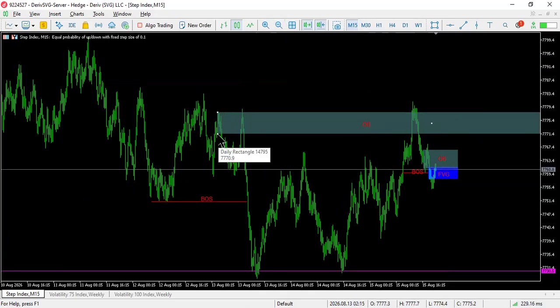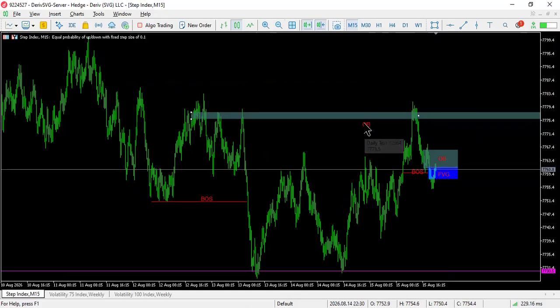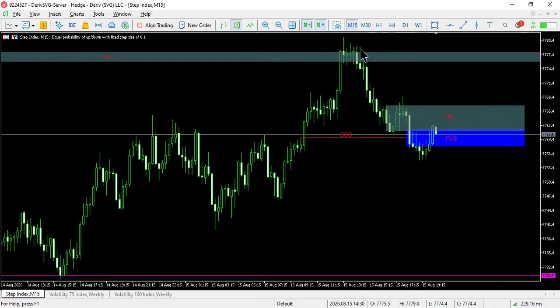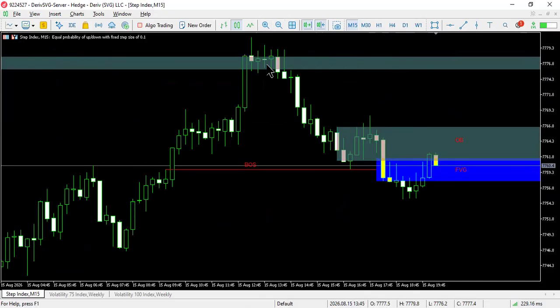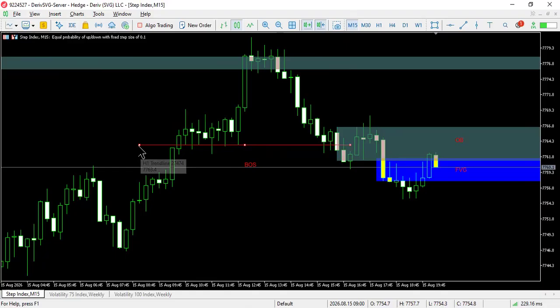So from the M15, let's try to zoom in to see the price action that is happening. From the M15, the break of structure is going to be at that level.